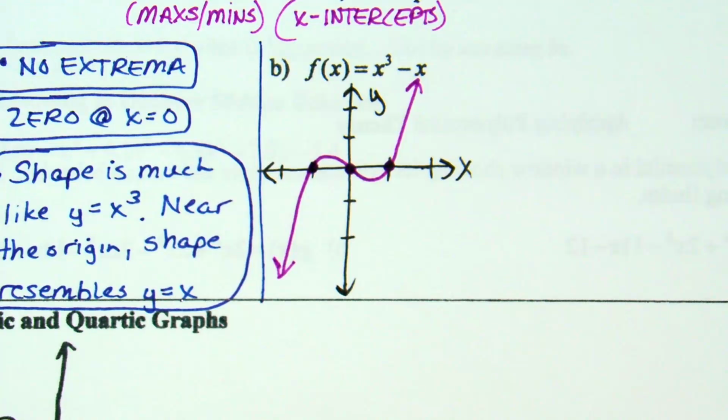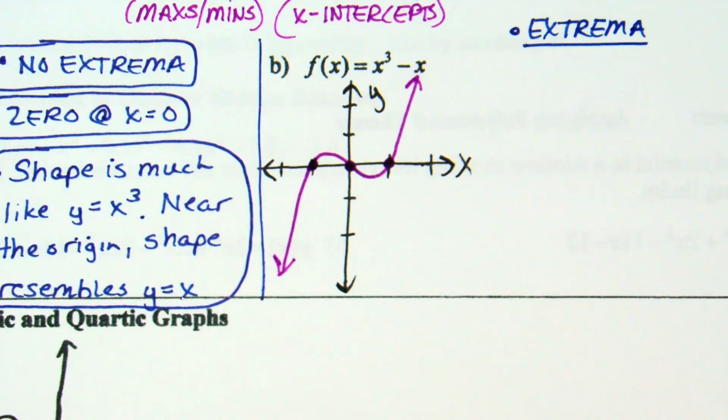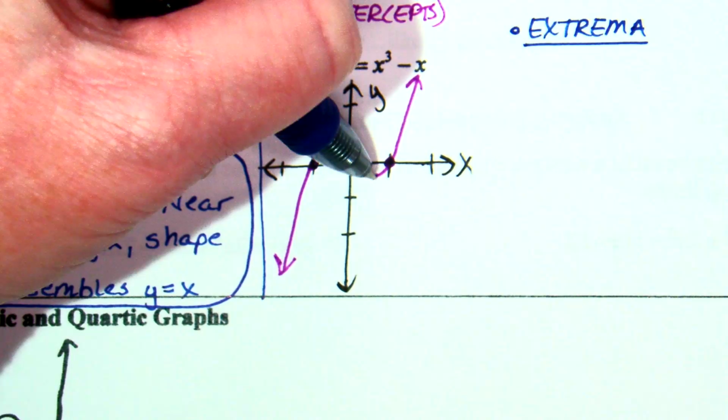Last time we decided we didn't have any. This time what's happening? Right here, in between -1 and 0, you're going to have a max. Over here, between 0 and 1, you're going to have a min. Sound familiar? Okay, well the directions asked us to locate the extrema.